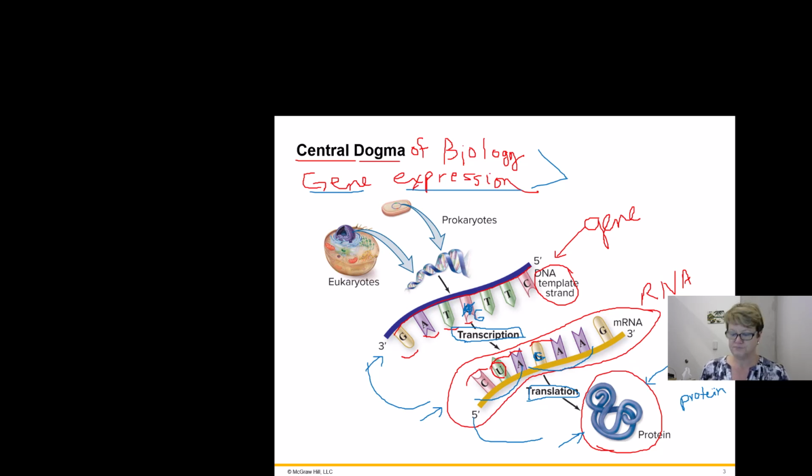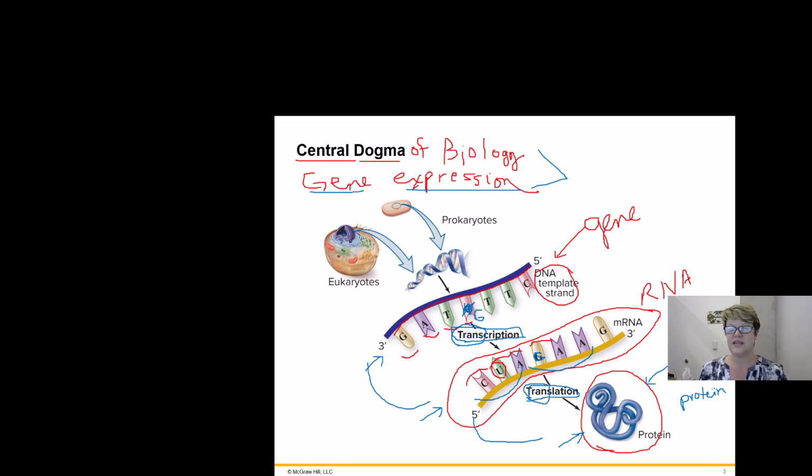All right. So that's an overview of what this whole chapter is about: gene expression, the central dogma of biology, and the processes are transcription, which produces RNA, and translation, which produces proteins. I apologize that the names of these processes both start the same, transcription and translation.